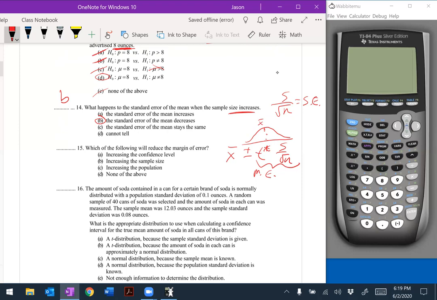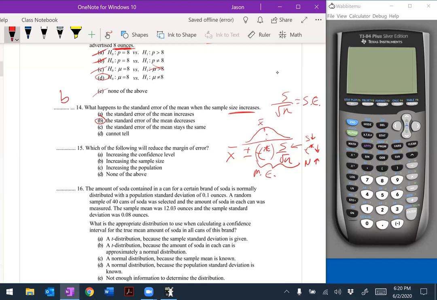What's going to make this thing smaller? Well, either s gets smaller, s goes down, that will reduce it. Or t star gets smaller, that reduces it. Or n gets bigger.